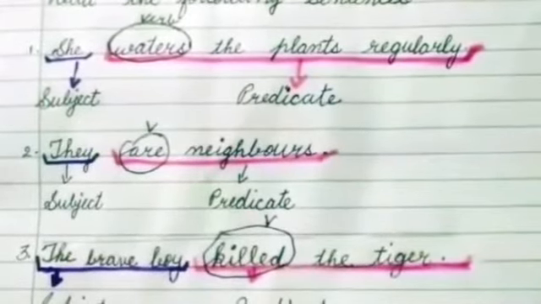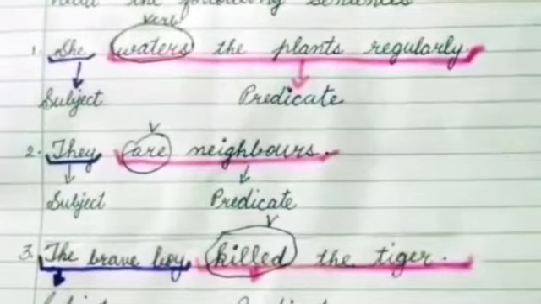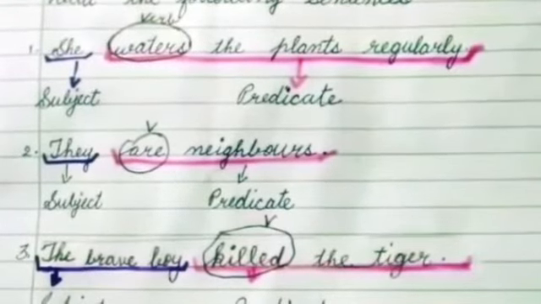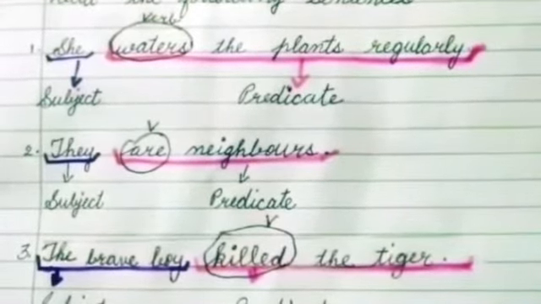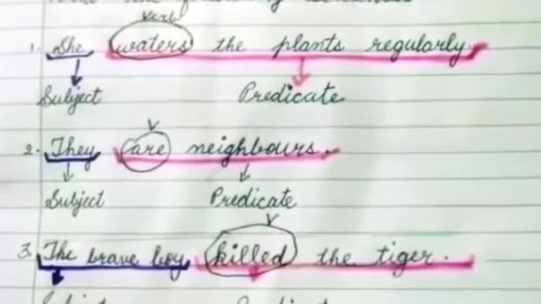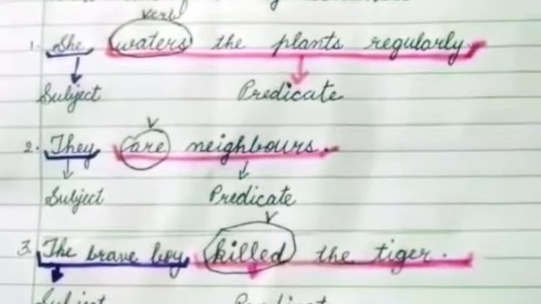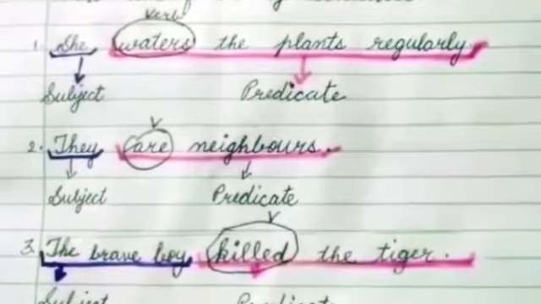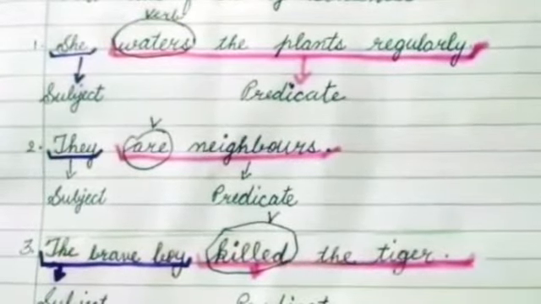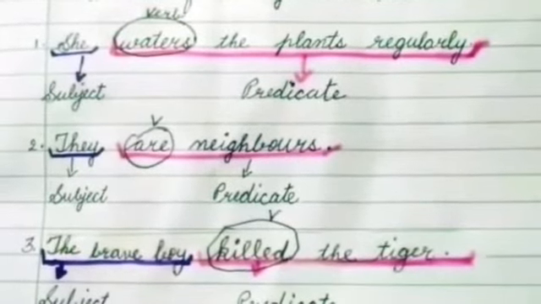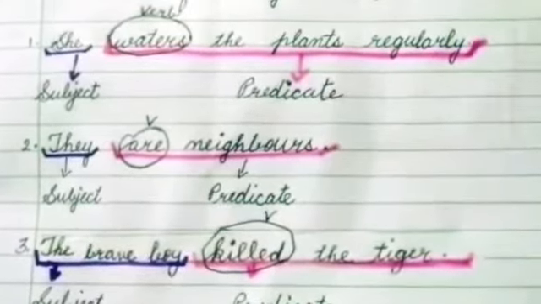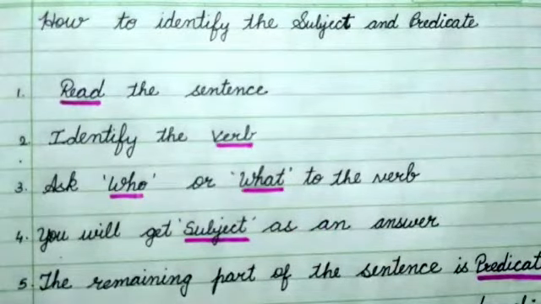Dear children, if you understood how to find out the subject, then it is very easy to understand the predicate because you leave the subject and the rest of the part of the sentence is actually the predicate. Okay, so in this way we can easily identify the subject and the predicate. Let us see the process again. Read the sentence and identify the verb.